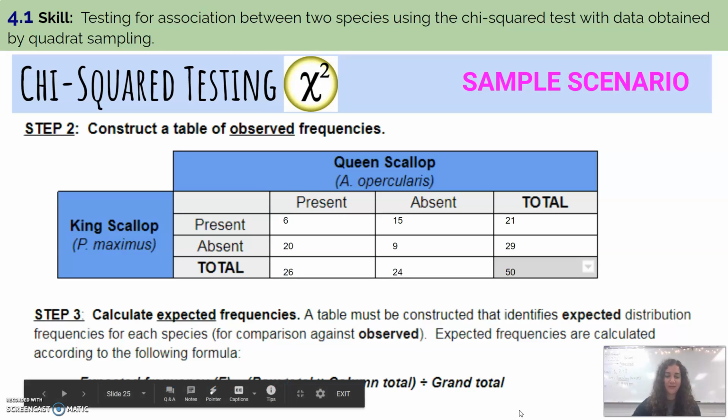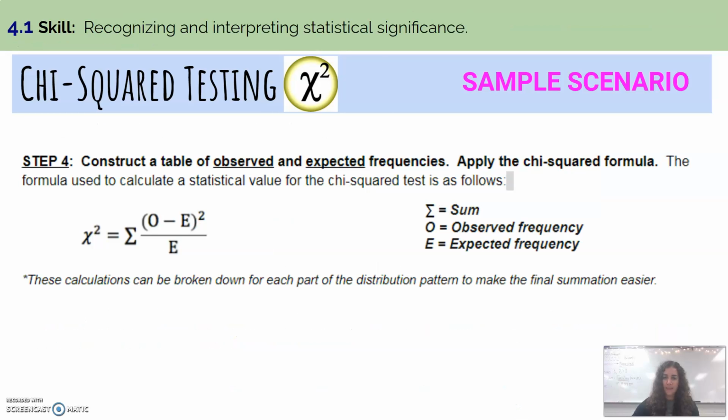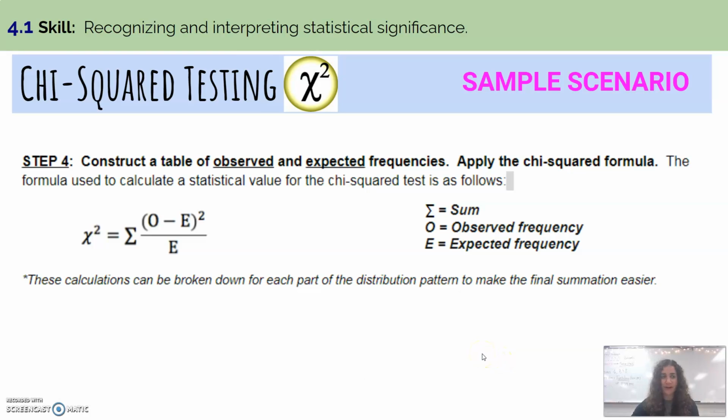Expected frequency is the capital E, and that's going to be the row total times the column total, and then you take that number and divide by the grand total. So we're trying to get an expected frequency for the queen scallop and the king scallop. We'll do that calculation on the next slide, but I just want to talk about step 4 because that's also going to happen at the same time on the next slide.